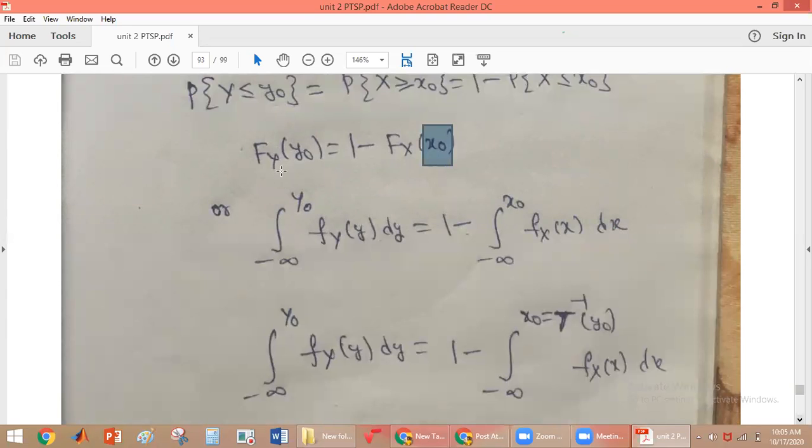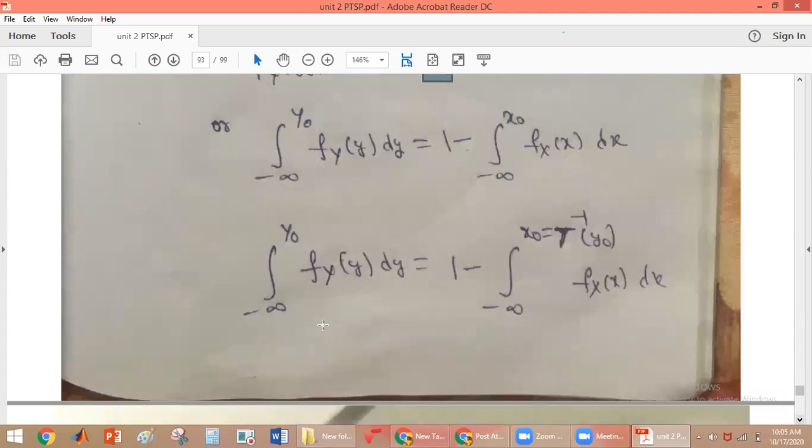Here we have just discussed what x naught is. x naught is nothing but T inverse of y naught.